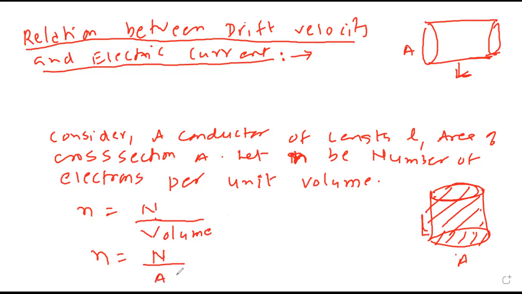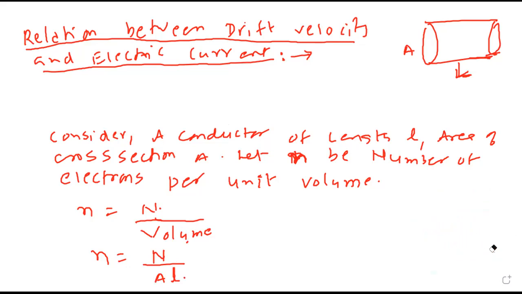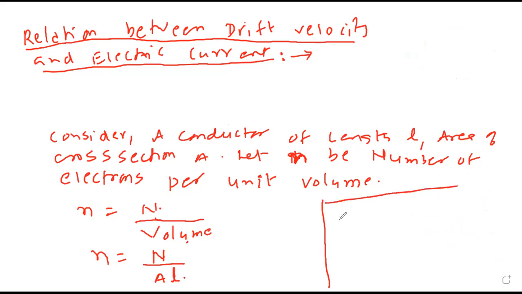So volume is area into length. Here n means number of electrons upon volume. So can I say the number of electrons will be n into A into L just by cross multiplication? Yes, so don't worry, I will ask only the thing which I feel you know. nAL is the number of electrons. But what is the current formula? It is rate of flow of charge. Charge means number of electrons into charge of one electron upon time.